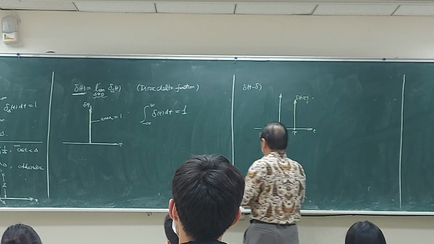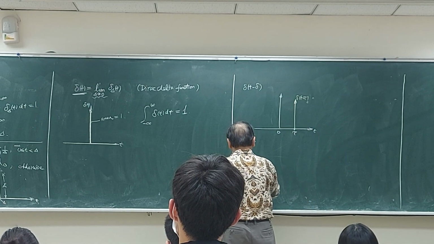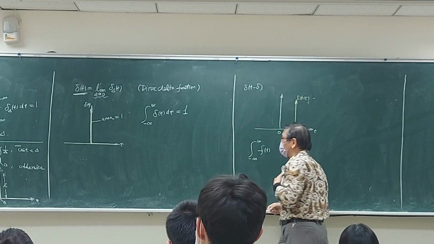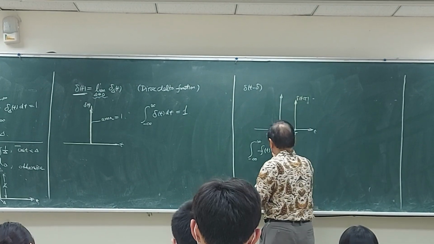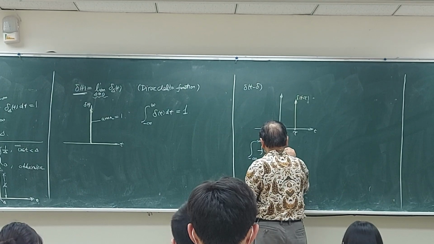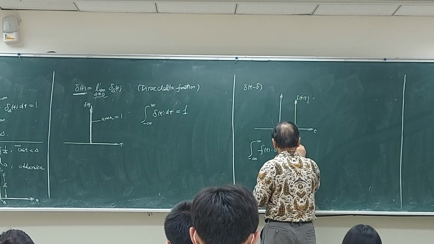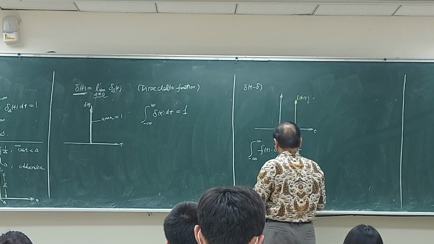A very important property is this: if I have a function, for example f of t, and then times delta of t minus tau, integrated d t.